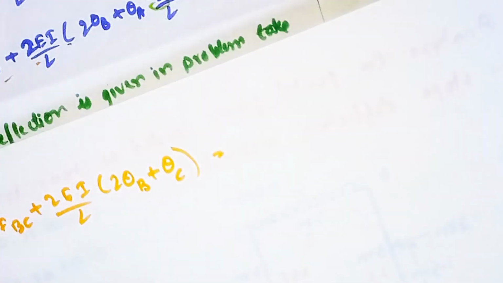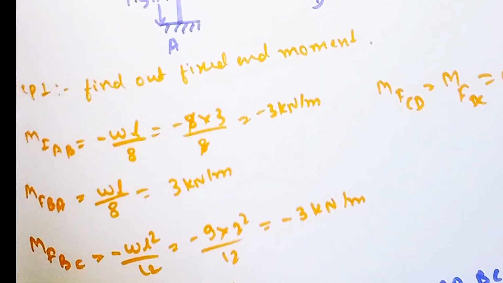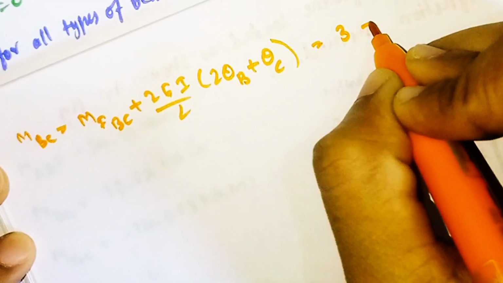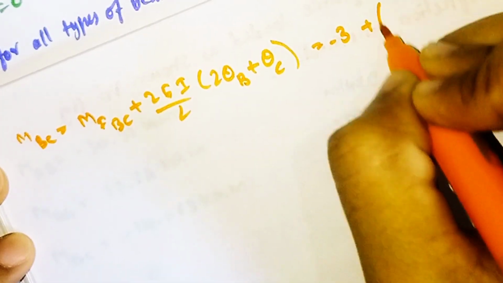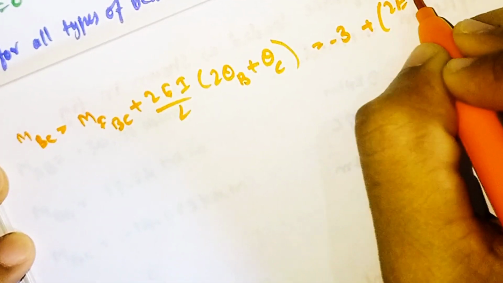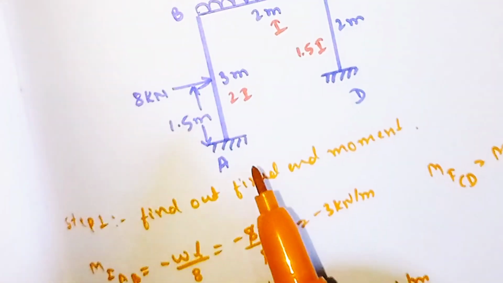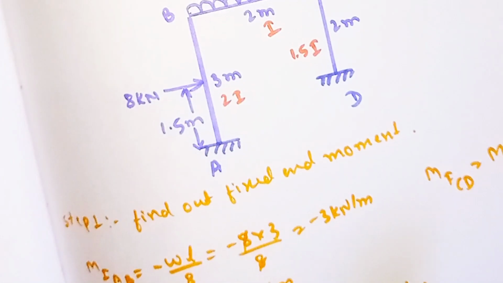So substitute all the values. The MF_BC value we got was minus 3. Substitute this value there. Minus 3 plus 2E, where the I value for span BC is I. Substitute this value in our equation.